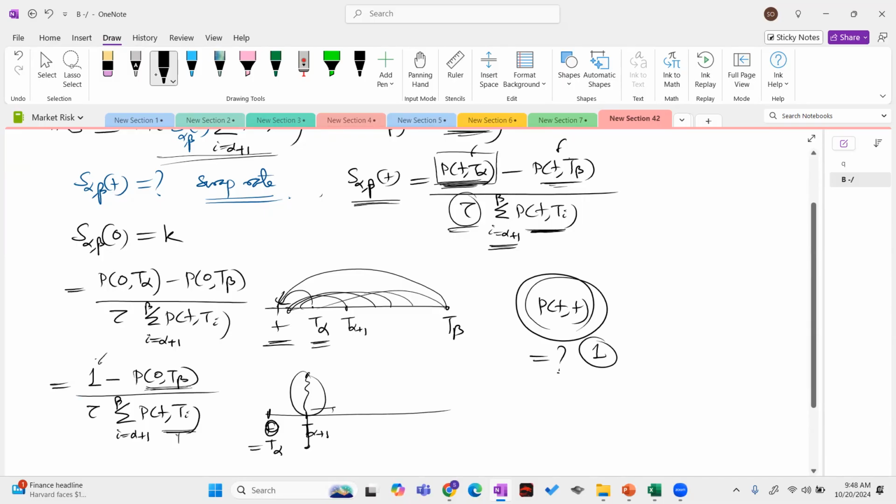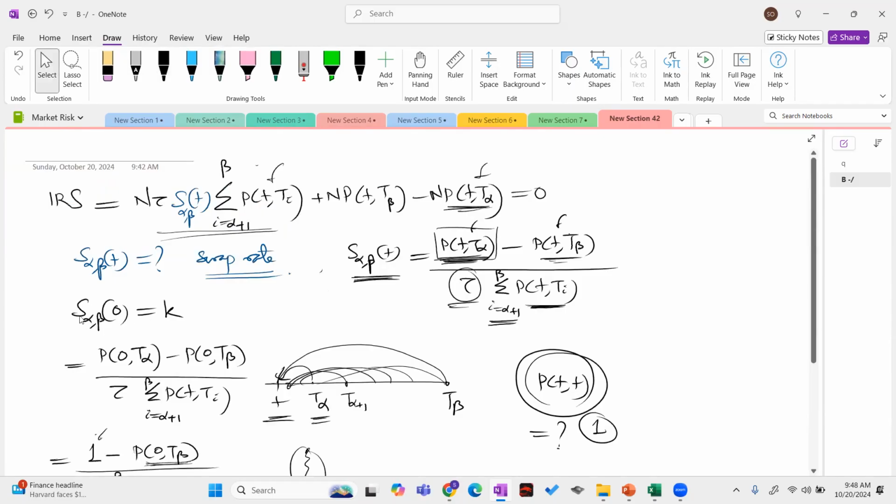So this is the swap rate, and you can calculate it at any point in time, not just at inception. Whatever the swap rate at inception, that gets fixed as the fixed cash flow because this will ensure that the IRS value is 0 at the beginning.